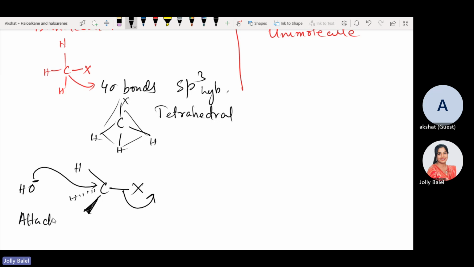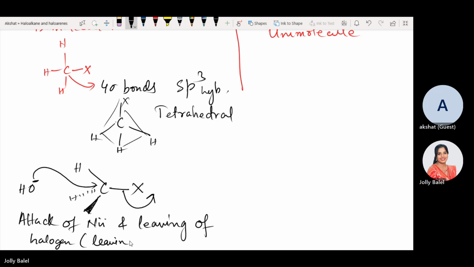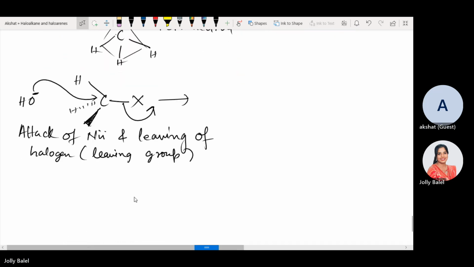Attack of the nucleophile and leaving of the halide. Here the halogen is considered to be the leaving group.